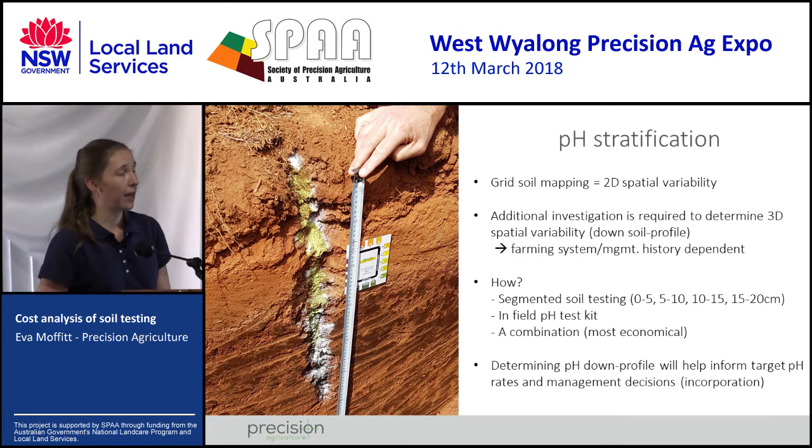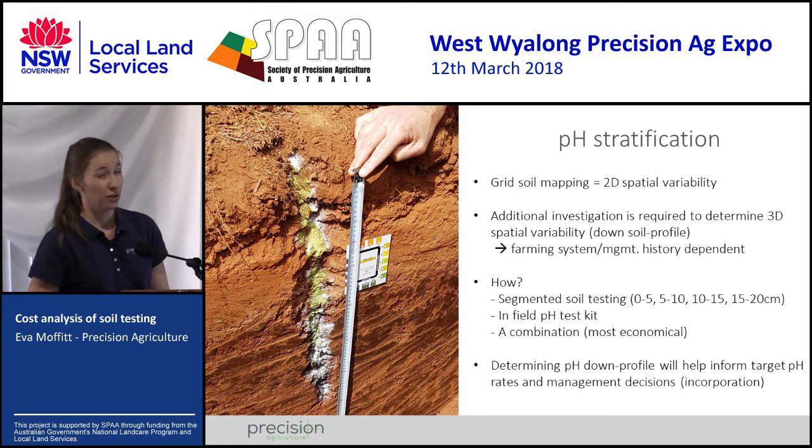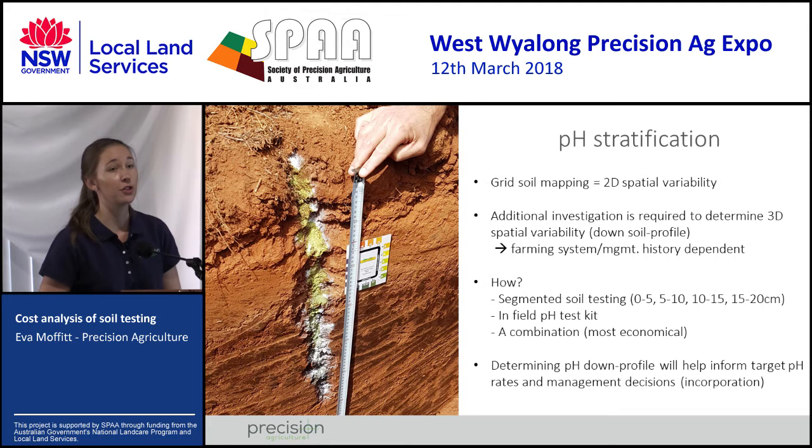So how do we work out if we have stratification occurring? Currently, there's not really a way that we can do that on the grid that's cost effective. Ideally, we would take some segmented soil tests, so 5 centimetre increment tests. Those are quite time consuming and fiddly, so they're expensive unless you do them yourself, essentially.